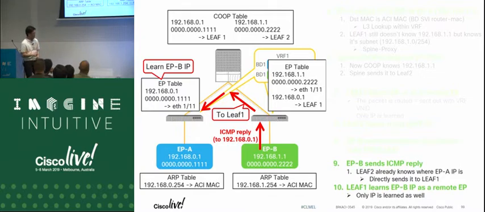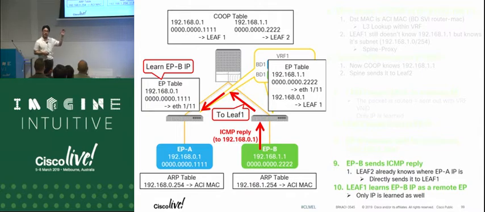Let's say endpoint A and endpoint B are in two different EPGs. If you don't care about the contract, then we can just send it. But if you care about the contract, then this leaf already knows that the destination is this endpoint on the other leaf, and the EPG information is also there.